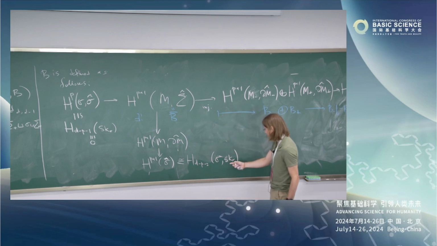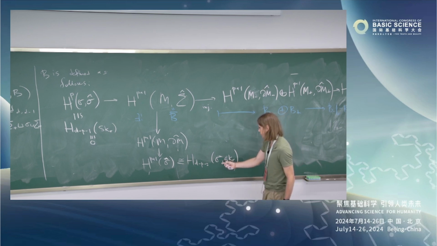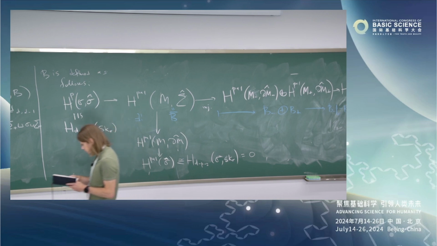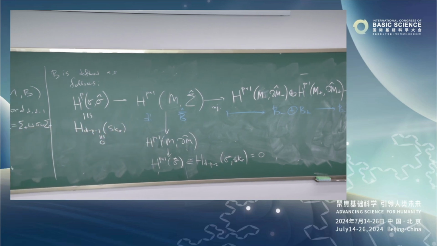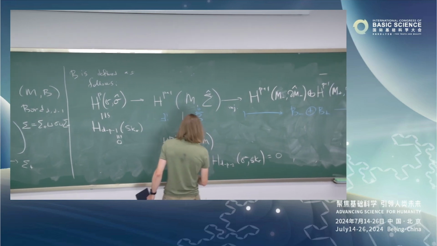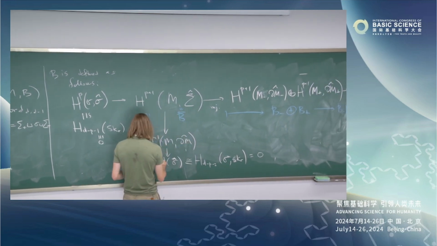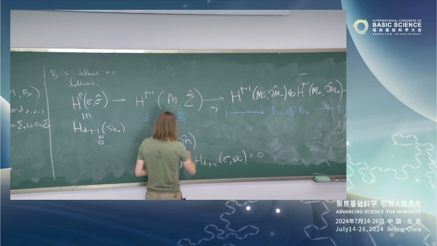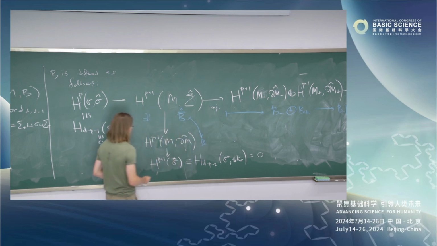Since this contains all (d-p-2)-dimensional cells, this will be just 0. So in particular, this implies that this map is surjective. It will be important later when we gauge. And so we take this B bar along this map to this; this is how we define it.